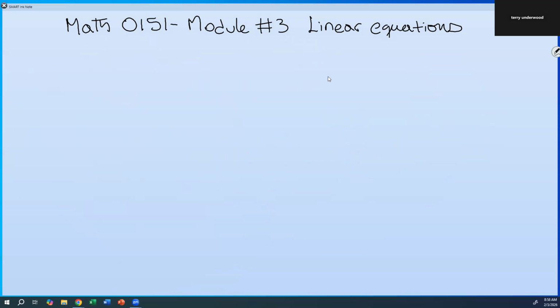So the last one I want to do is x over 2, no, minus x over 4 is equal to 5. Again, I need to find my least common multiple.